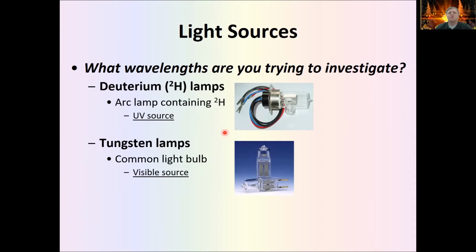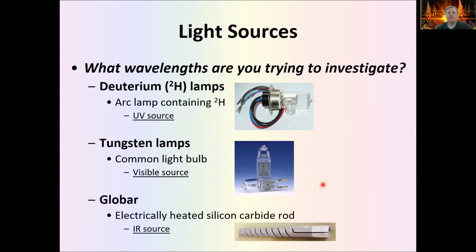The tungsten glows really bright and emits at many wavelengths in the visible region. This is almost the exact same thing you have in the kitchen right now, but the only difference is that if you call it a tungsten lamp instead of a light bulb, then you can charge a lot more for it.